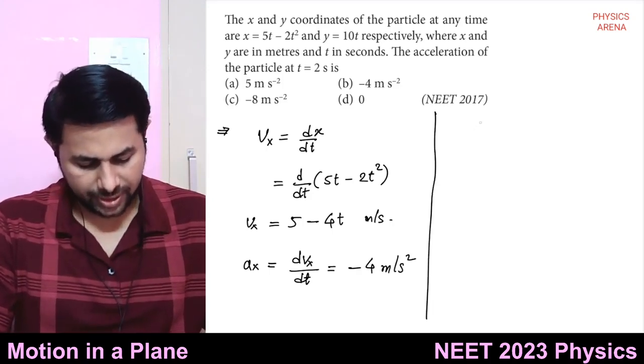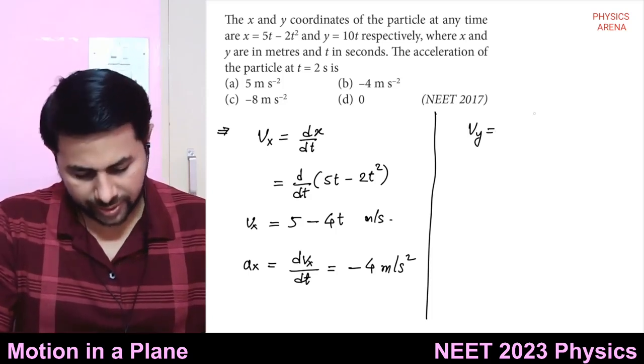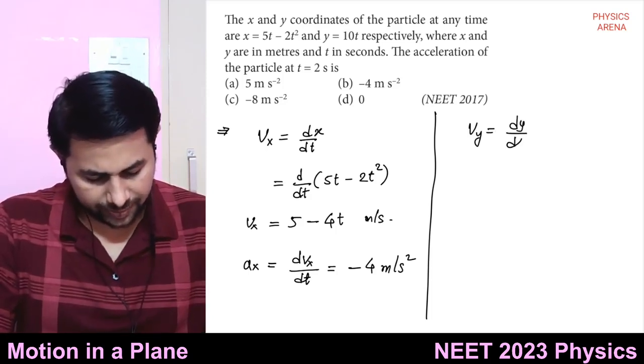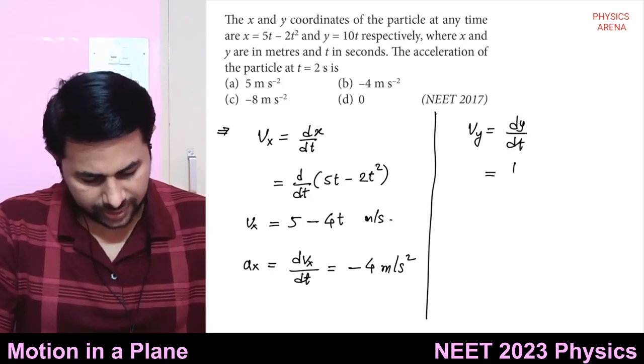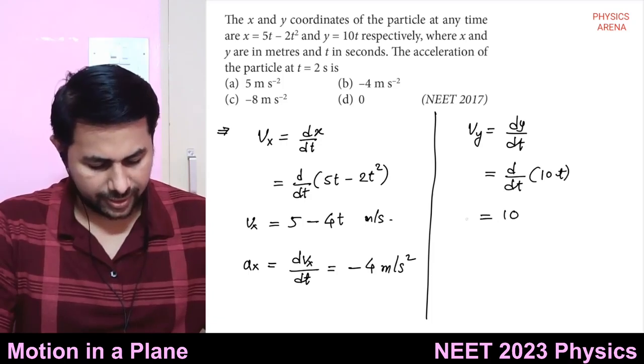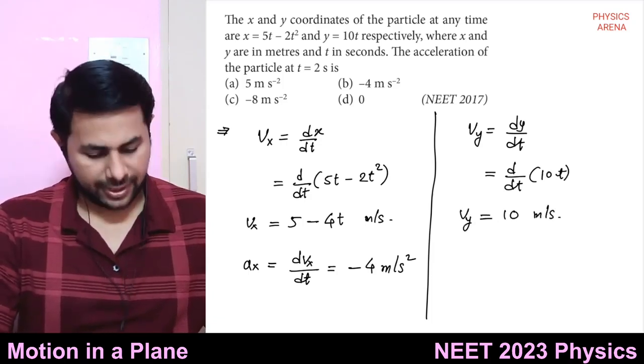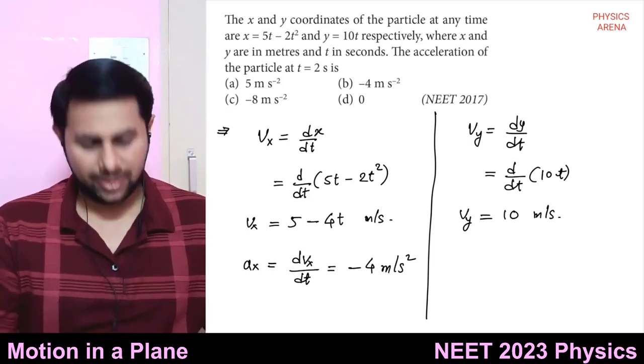What about acceleration in y direction? For that, first find vy. vy equals dy by dt, and that is d by dt of 10t. So vy equals 10 meters per second. It is constant, which means there is no acceleration in y direction.